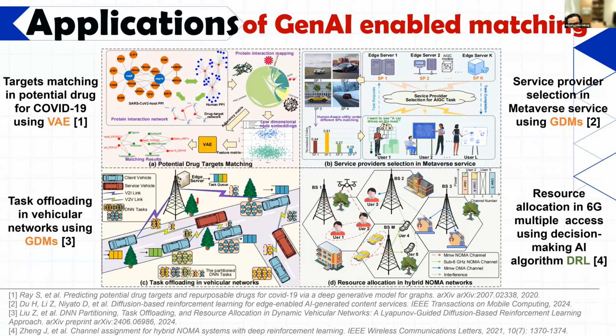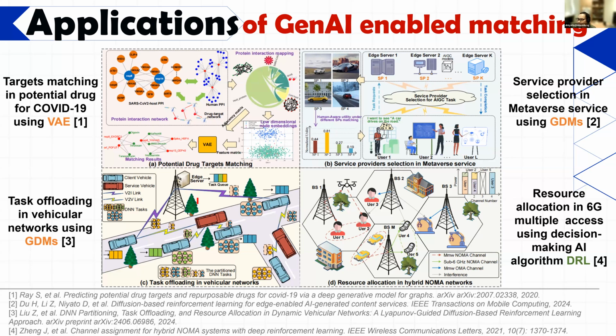Another application, which is closer to communication, is task offloading in vehicular networks using the generative diffusion model. Here we need to match the users, for example vehicles, to the base station so that the vehicle or the user can offload the computing data processing task to the most suitable edge server.